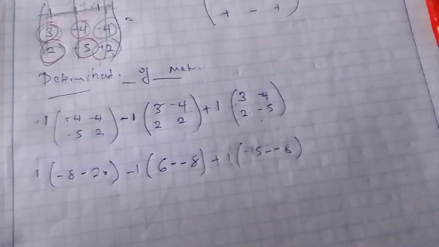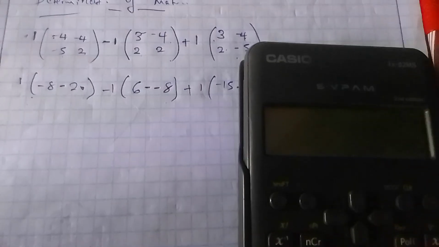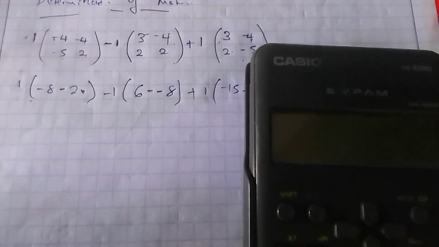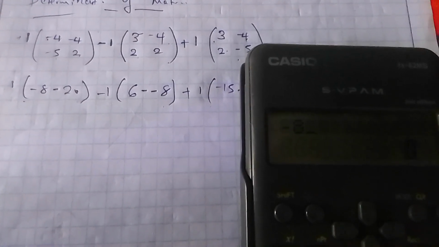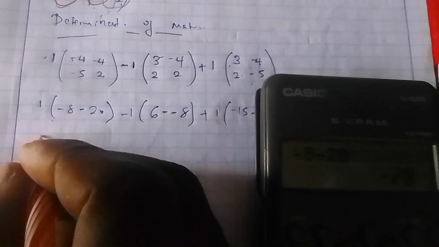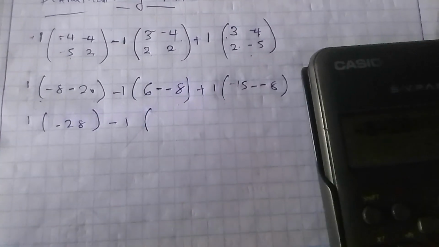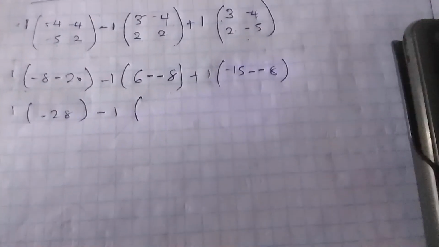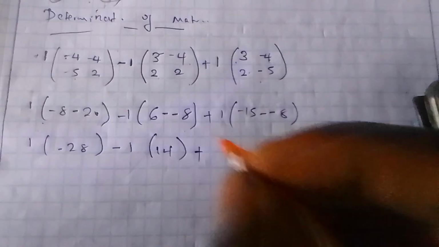So take your calculator: -8 minus 20 is -28. 1 times -28, close the bracket, -1. 6 minus -8, that is 6 plus 8, is 14, plus 1.